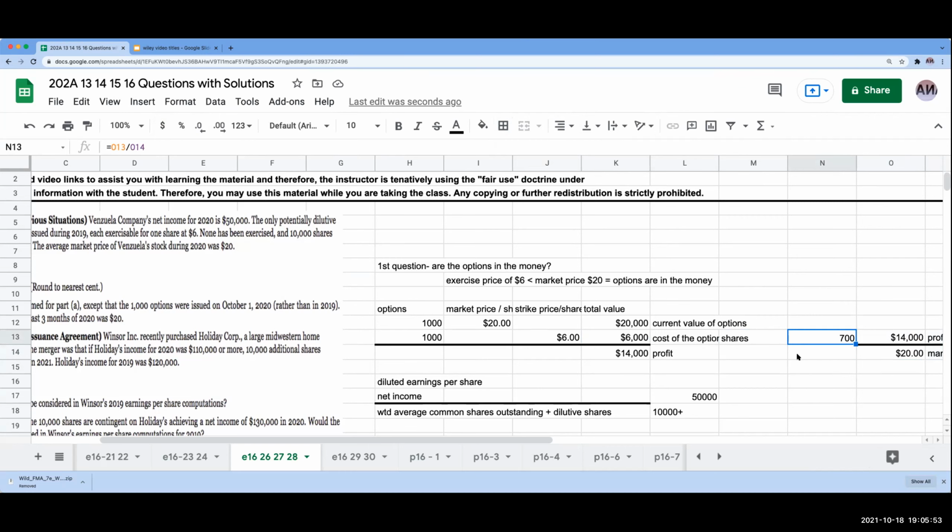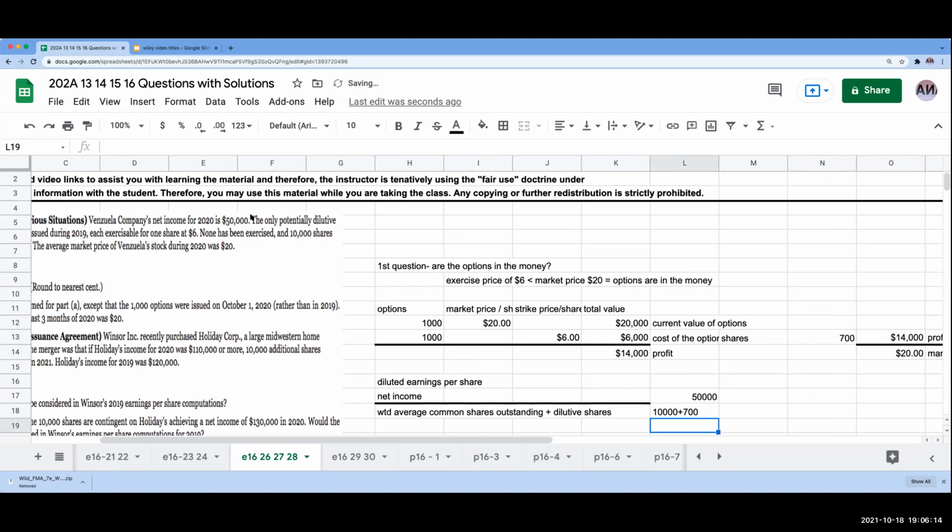It's essentially the same effect as them giving me 6,000 bucks, turning around and selling it for 20,000, basically making 14,000. How many shares does that represent? 14,000 divided by $20 per share is going to be 700.